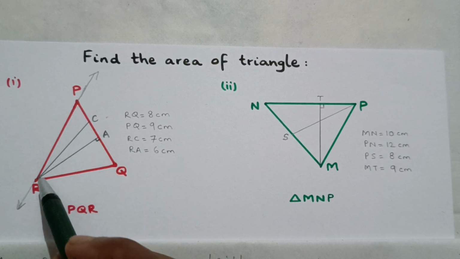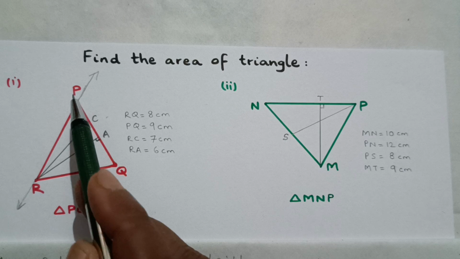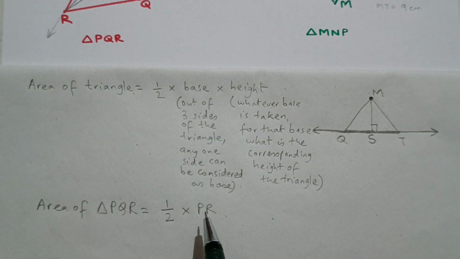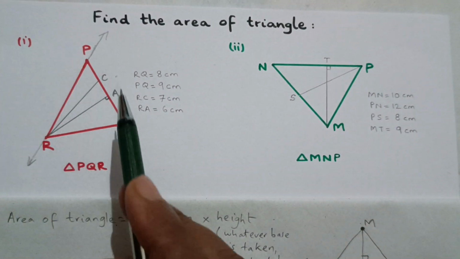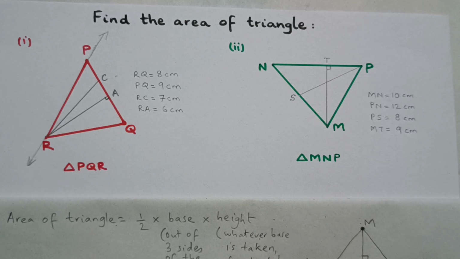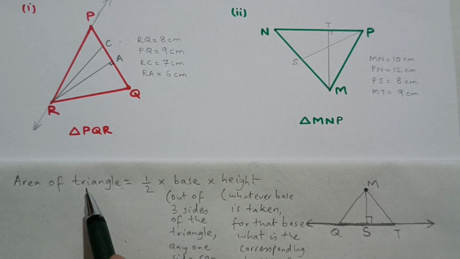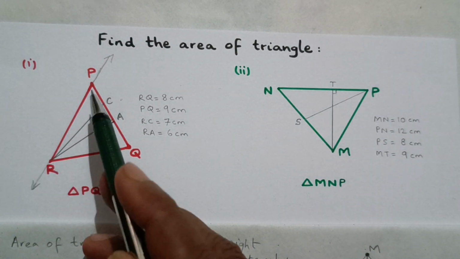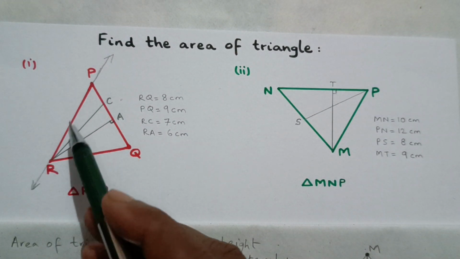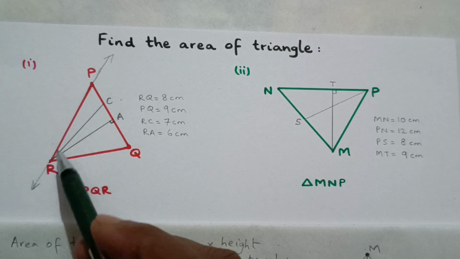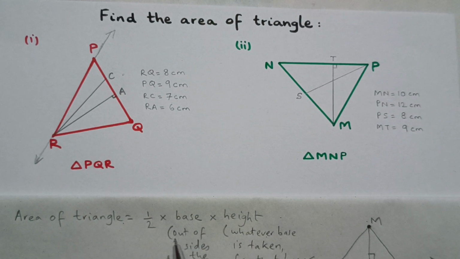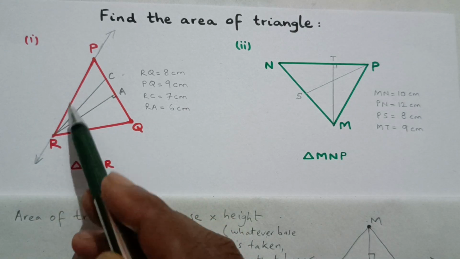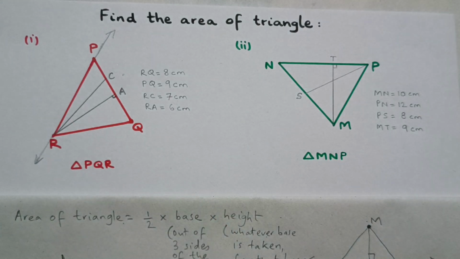But we have not been given the measure of side PR. So if I take PR as the base for this triangle, I won't be able to find its area because the value of PR is not given to us. So it is of no use to take PR as the base, because I don't know the value of PR.